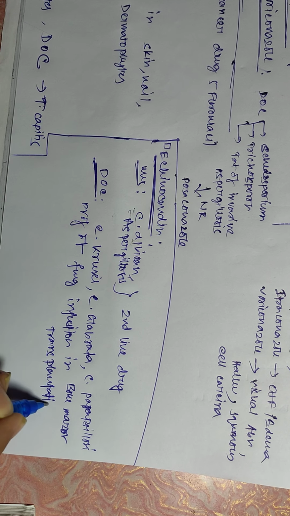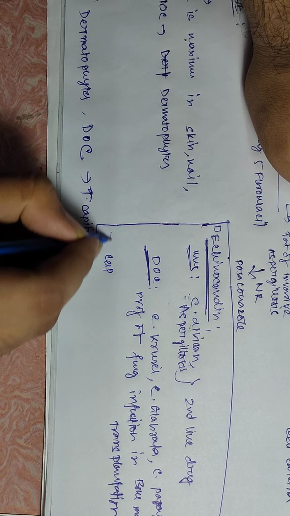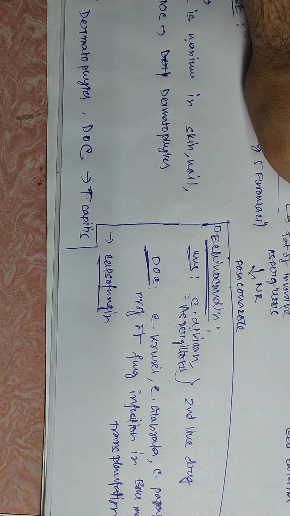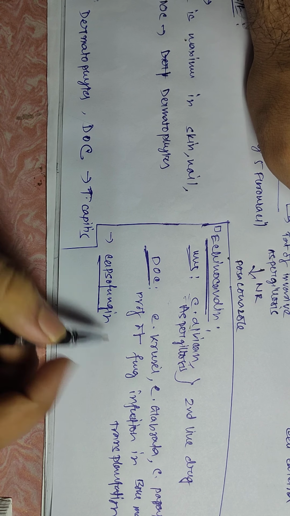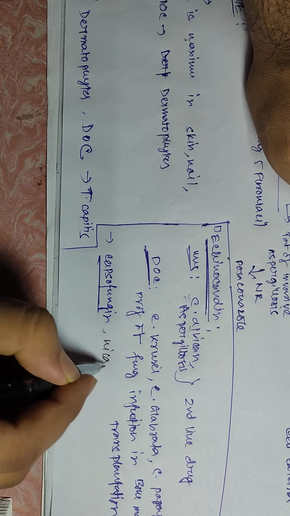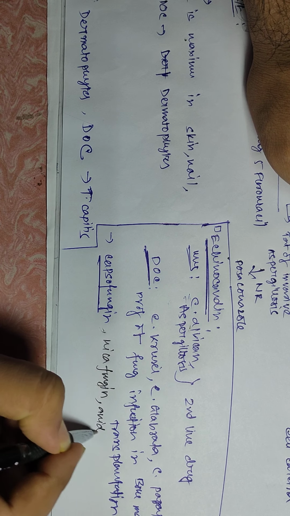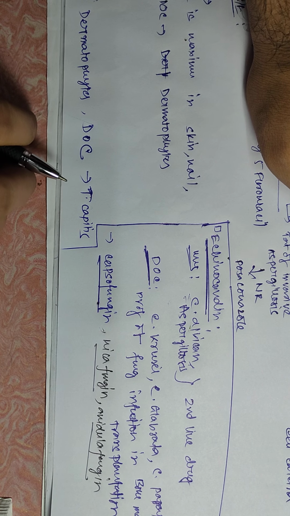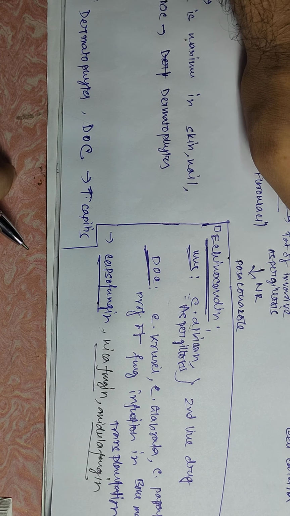It is the drug of choice for Candida krusei, Candida glabrata, Candida parapsilosis. It is also used for the prophylaxis of fungal infection, right, in case of bone marrow transplantation. So what are the drugs under the echinocandin? The drugs like caspofungin, micafungin, and anidulafungin. So these are the drugs under the echinocandin, right? Now the caspofungin is used for Candida and aspergillosis, right?